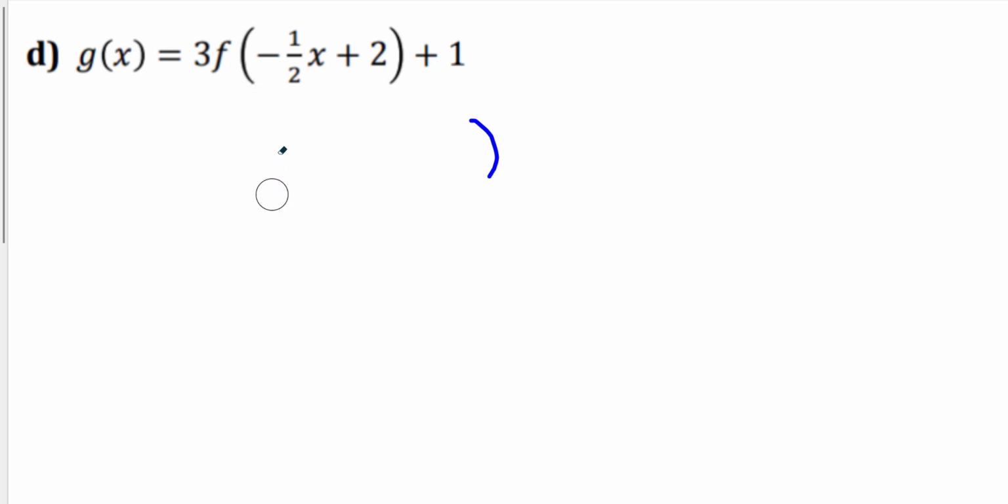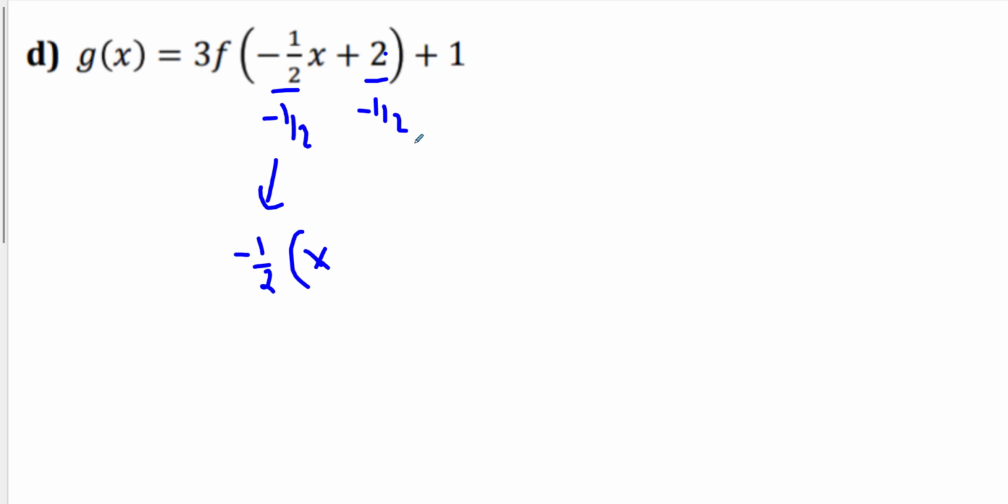Factoring means essentially you're dividing, and then whatever you're dividing by goes in front of the bracket, like that. So -half, if I divide -half by -half, well, that's just x now. What's 2 divided by -half?